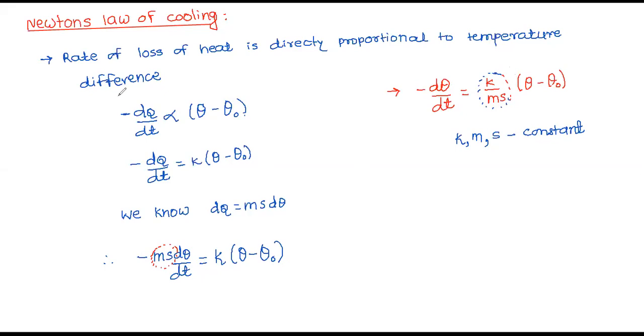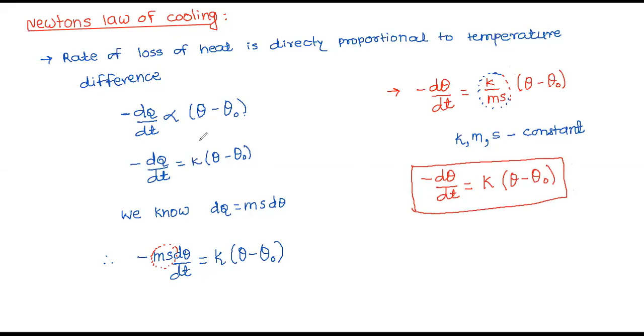So I am getting minus d theta by dt is equal to capital K into theta minus theta naught. This is your Newton's law of cooling. Now, what is the difference? This is minus dQ by dt, this is minus d theta by dt.